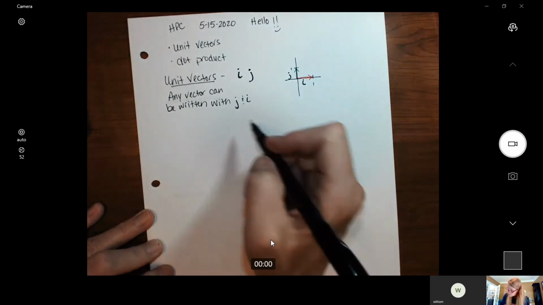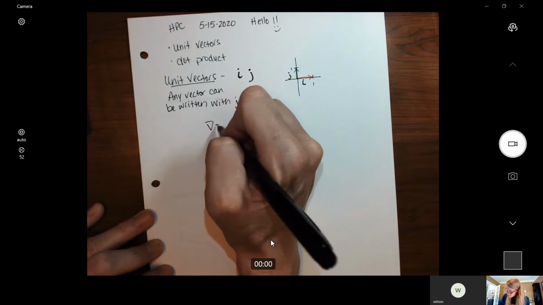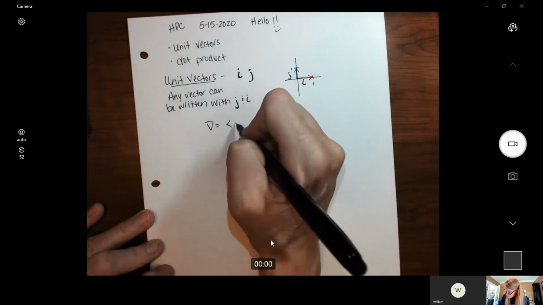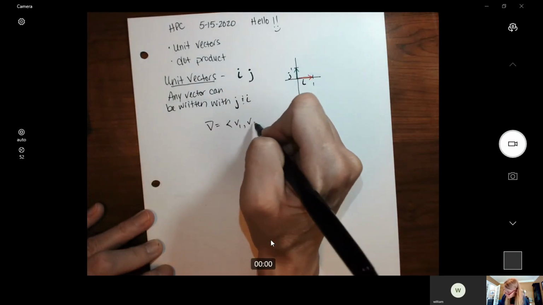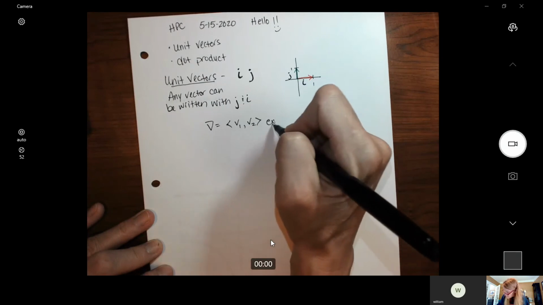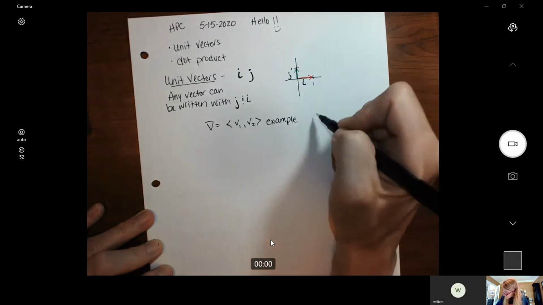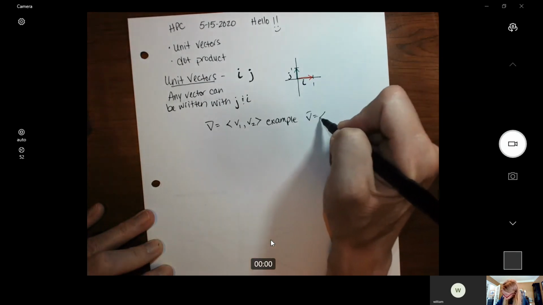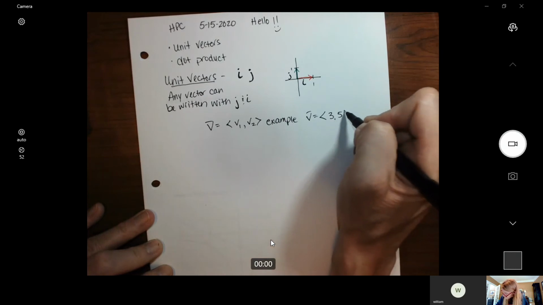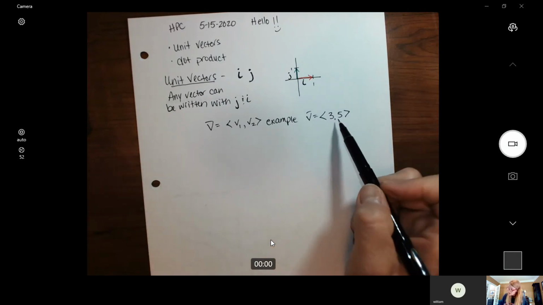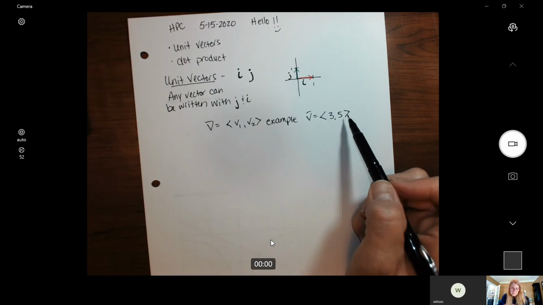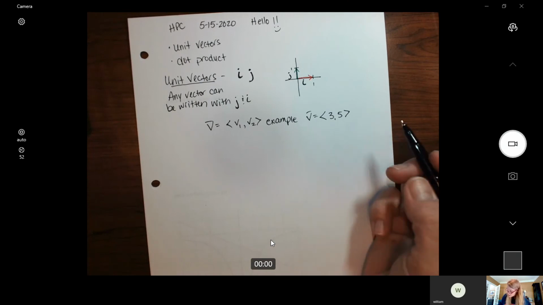So if I had the vector v and its components were just two numbers, say v1 and v2. So for example, I could have that vector v is equal to (3, 5). What that tells me to do is go to the right 3 and up 5. So this is kind of what we were talking about before.